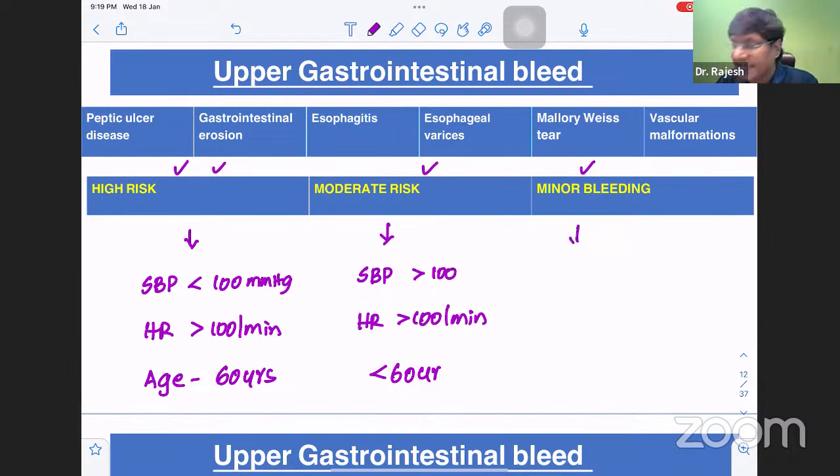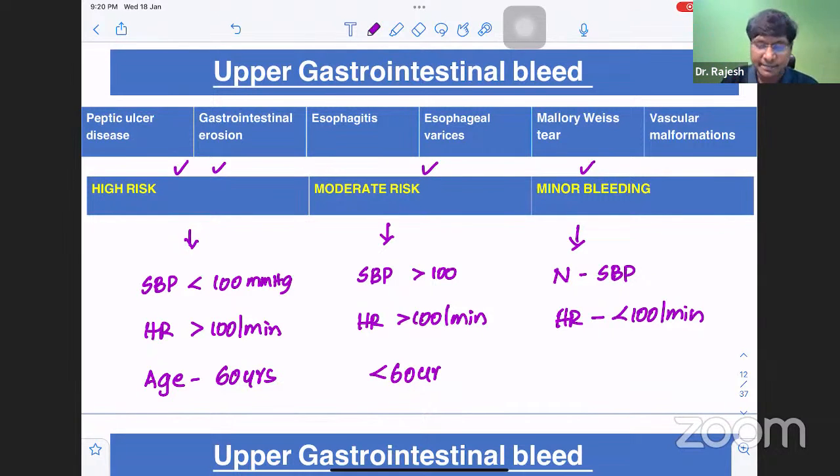The minor bleeding patients are those where the individual has normal systolic blood pressure and a heart rate of less than 100 per minute. They are considered to be the minor bleeding patients.